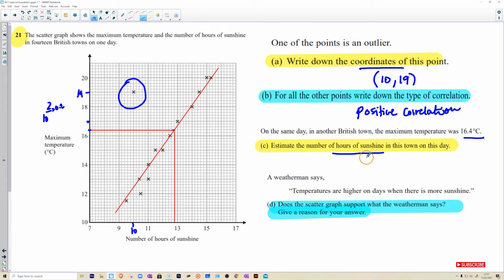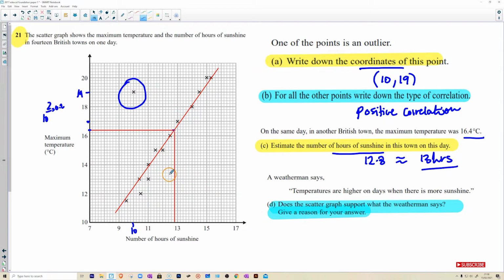So the number of hours is 12.8, which we're going to say is roughly 13 hours, because we are estimating. A weatherman says temperatures are higher on days when there is more sunshine. Does the graph support what the weatherman says? Give a reason for your answer.